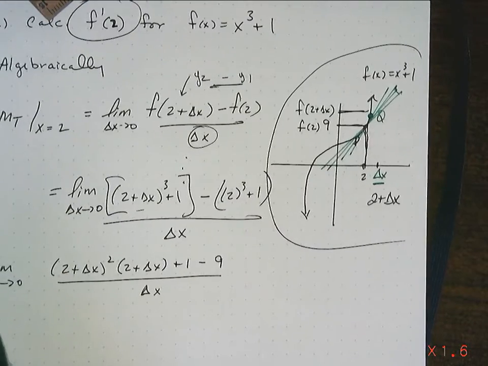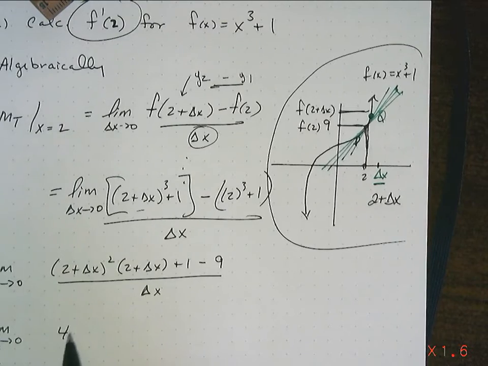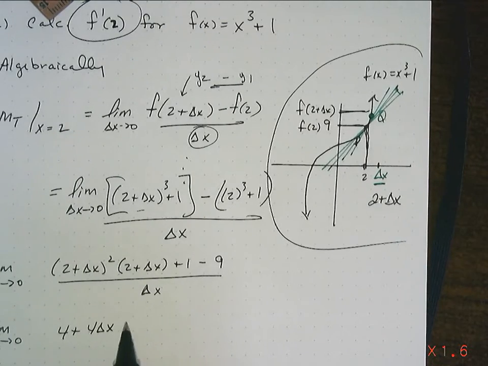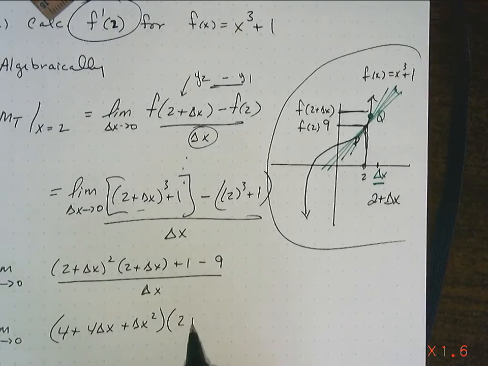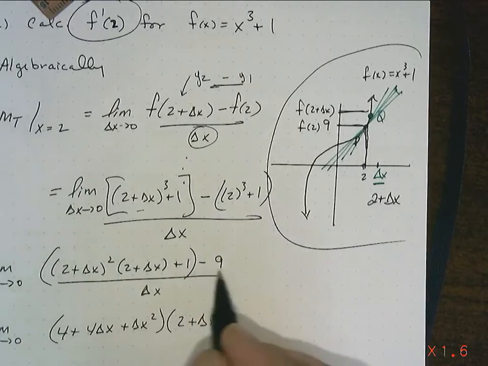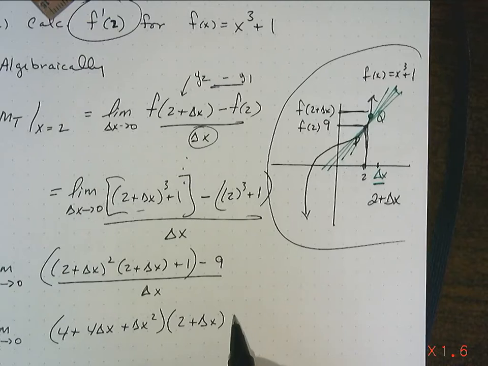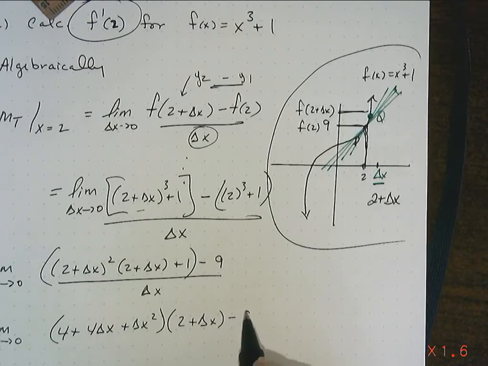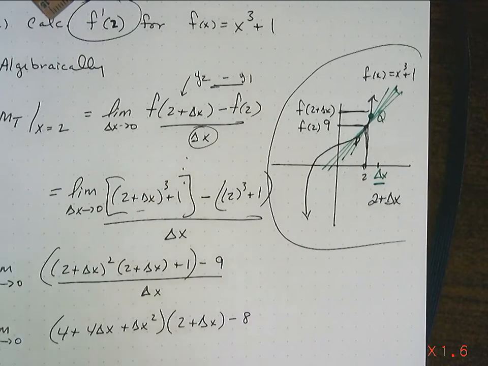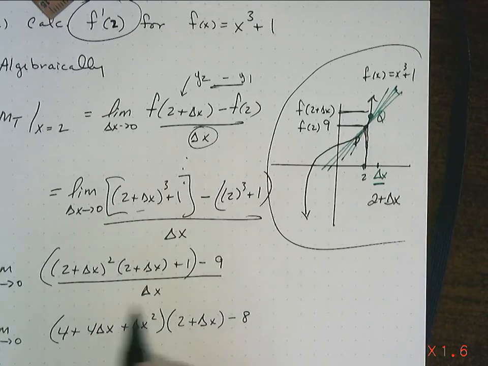This is 4 plus 4 delta x plus delta x squared, times 2 plus delta x, minus 9. I suppose I can do the minus 9 and just get negative 8. Can I? Yeah, I think so. There's no reason why I can't. Okay. And now I need to multiply these two together.